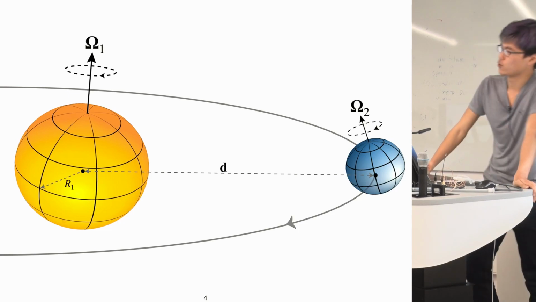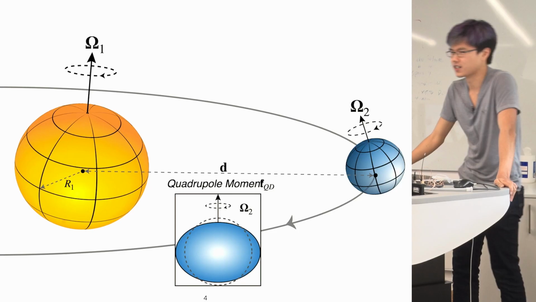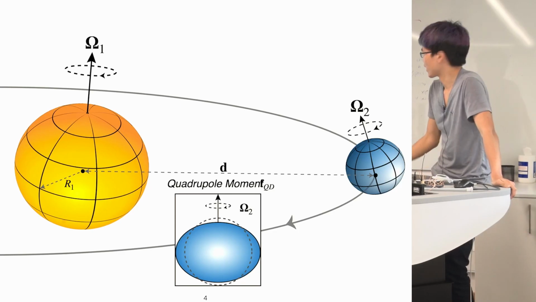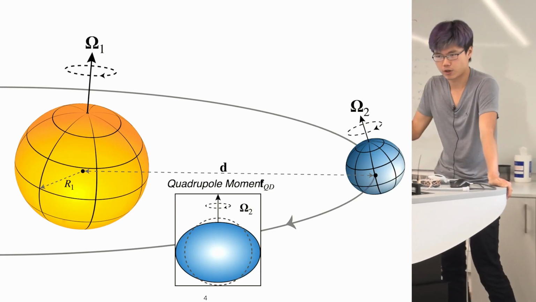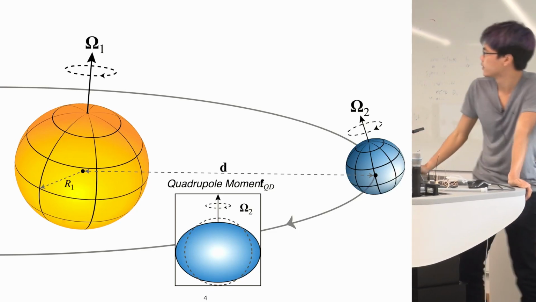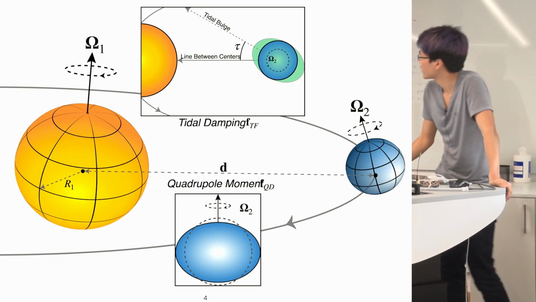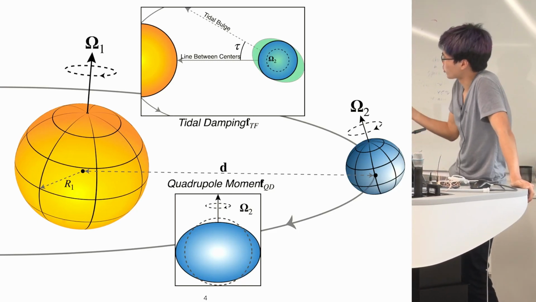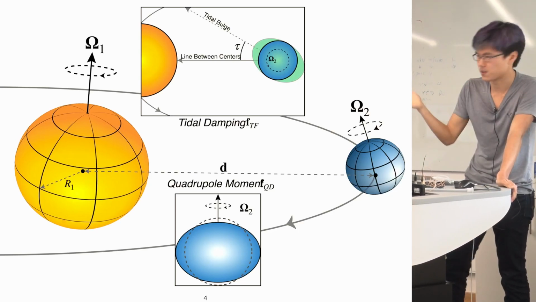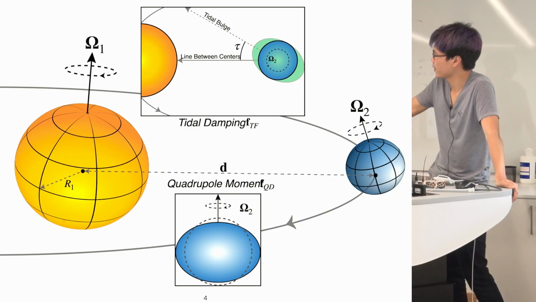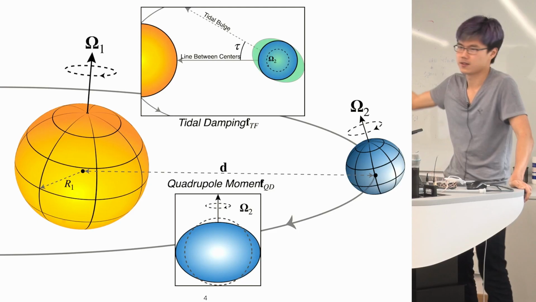To second order, there's a few more effects to account for. Bodies are not perfect spheres. A body will be rotationally flattened and will also be deformed from tidal perturbers. So our bodies in this approximation are going to be oblate. The effect of tides also has to be considered. A tidal perturber will raise a tidal bulge on our planet. In the presence of dissipation, this tidal bulge will be slightly misaligned with the line of centers connecting the two bodies.